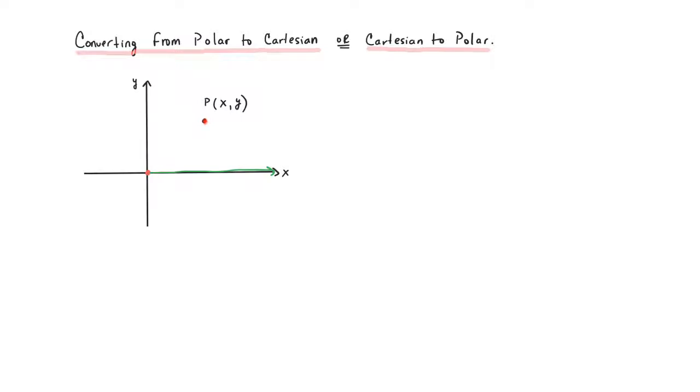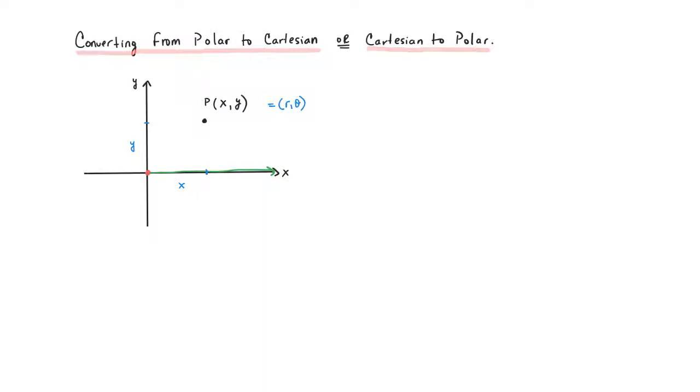Now look at this point right here with Cartesian coordinates x, y. That means that this distance is x and this distance here is going to be y. Well, in the polar plane, this point would have polar coordinates r, theta.